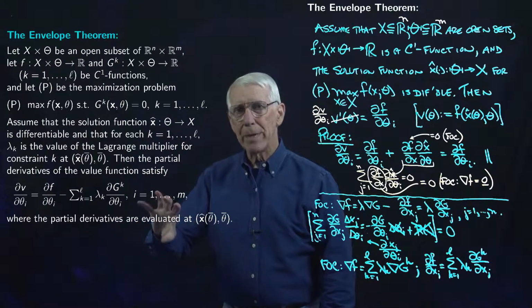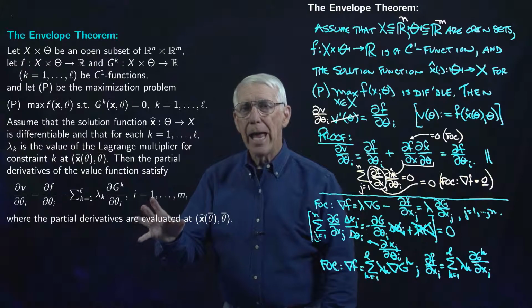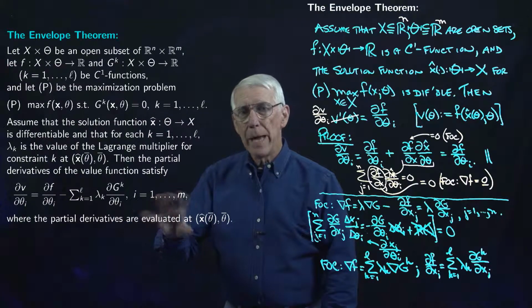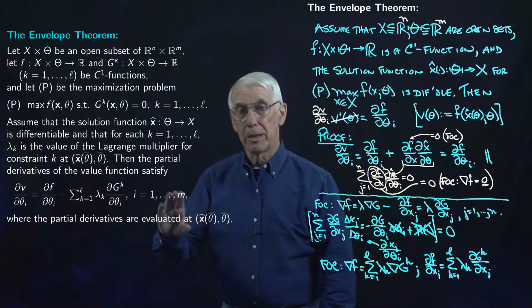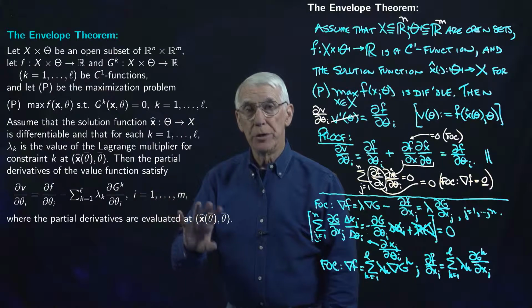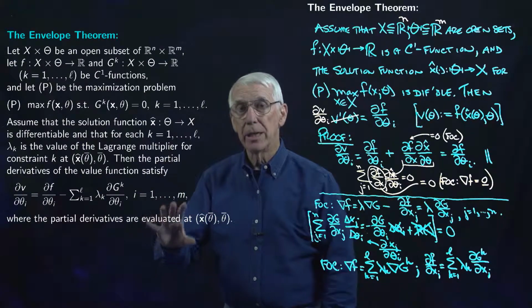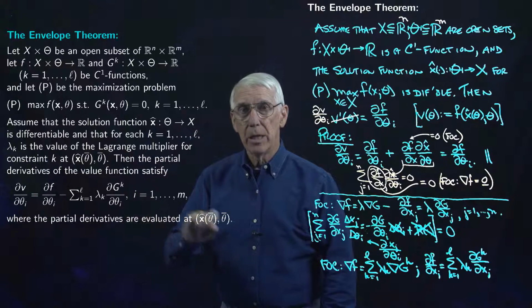So it tells us what's happening locally around those, and that may not persist, and in fact it's not going to persist exactly as we move to different parameter values and resulting different x's.